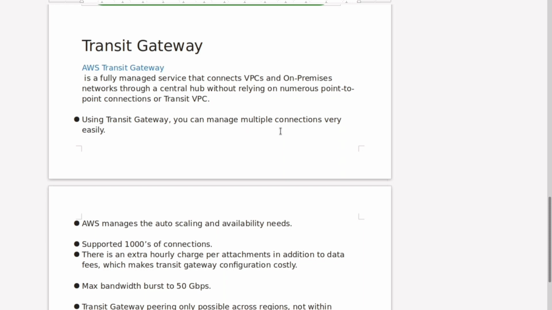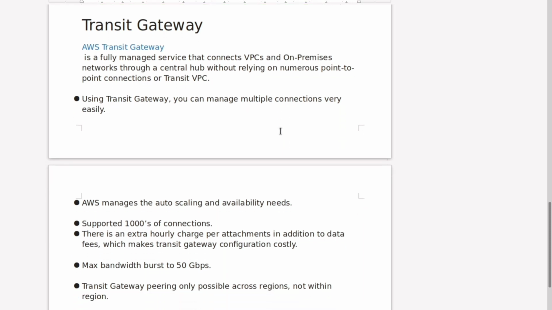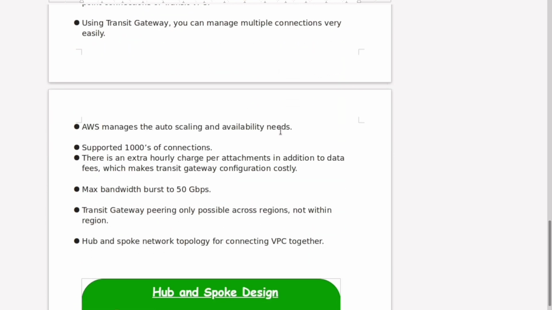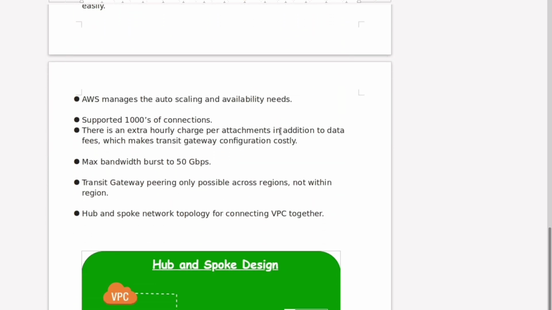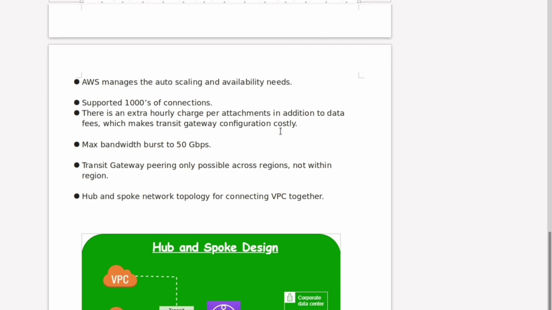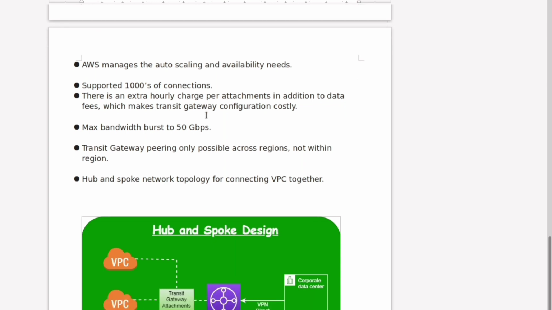AWS manages the auto scaling and availability needs, and supports thousands of connections. There are extra hourly charges per attachment, in addition to data fees, which makes a transit gateway configuration costly.